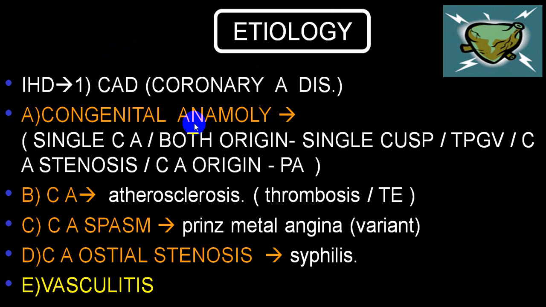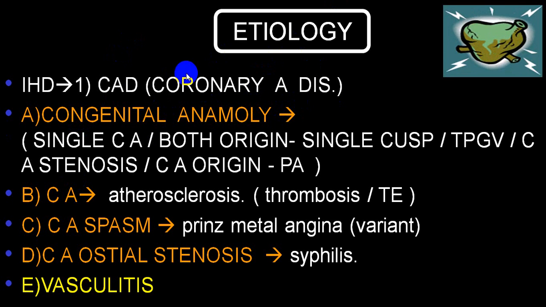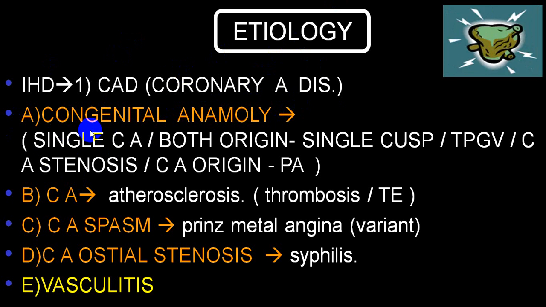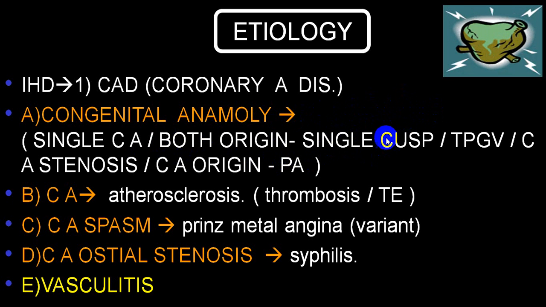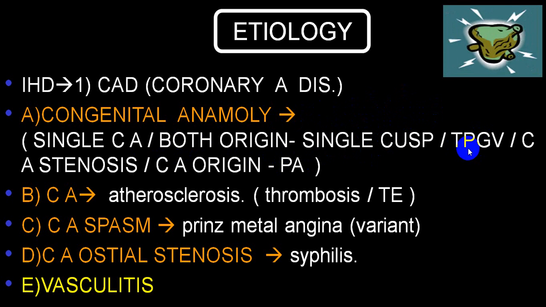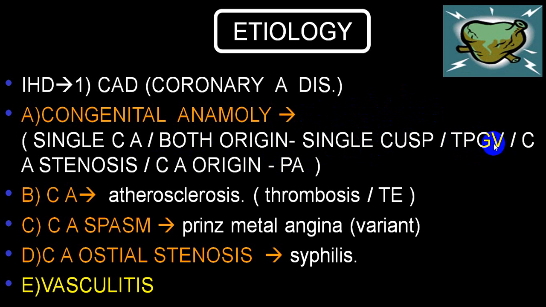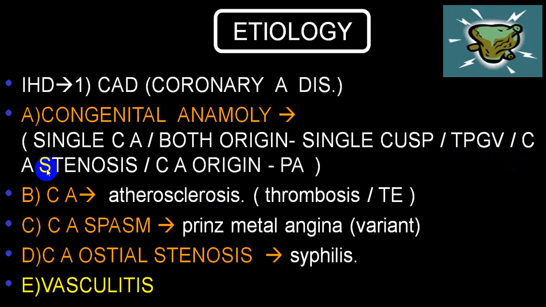In congenital, it is secondary to anomalies of the coronary artery, like a single coronary artery instead of right and left coronary arteries, or both right and left coronary arteries arising from a single cusp of the aorta, or transposition of great vessels, or a congenital coronary artery stenosis. Or all coronary arteries arising from the pulmonary artery.